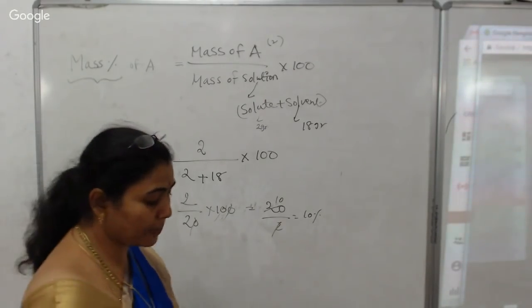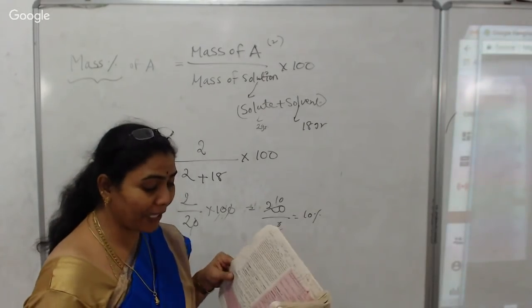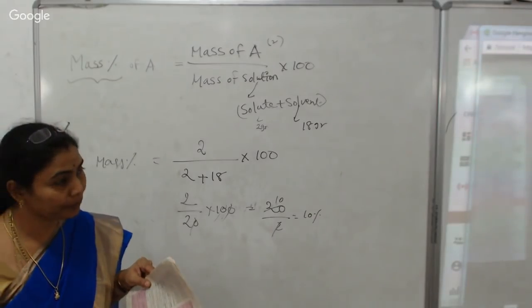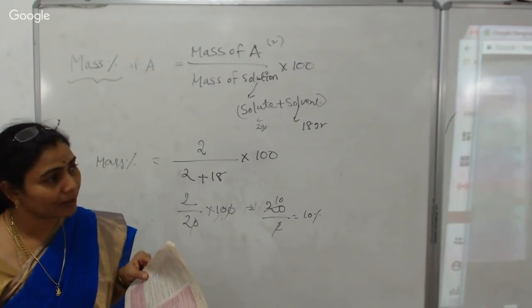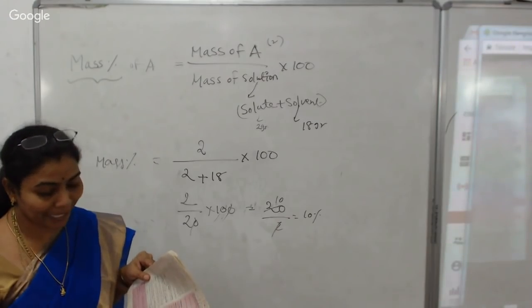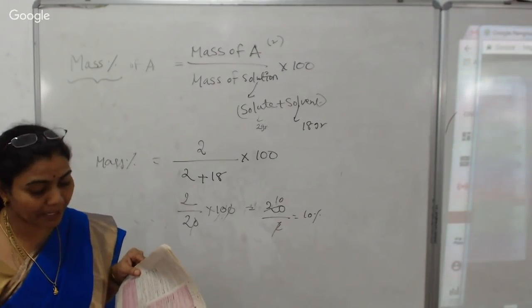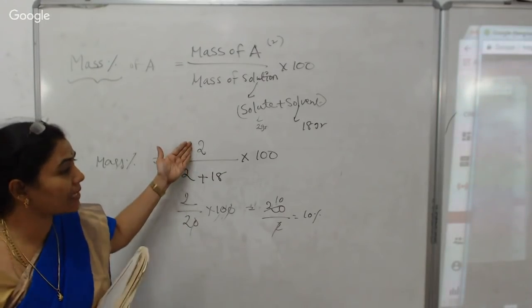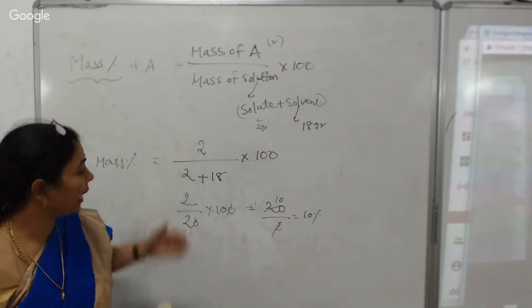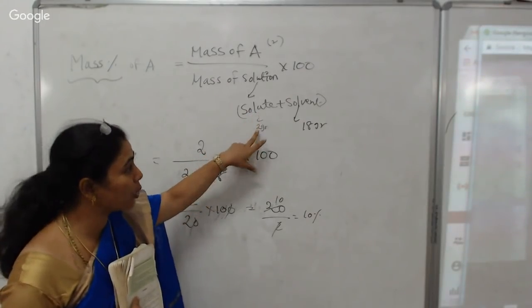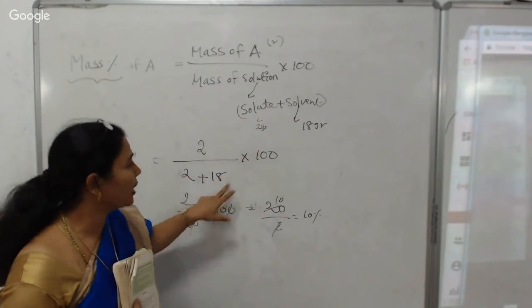Now I will ask: a solution is prepared by adding 15 grams of a substance A to 36 grams of water. Calculate the mass percent of the solute. Same thing, write down the weight of A, and then write down the total solution. Again you have to write solute plus solvent, both, into 100.